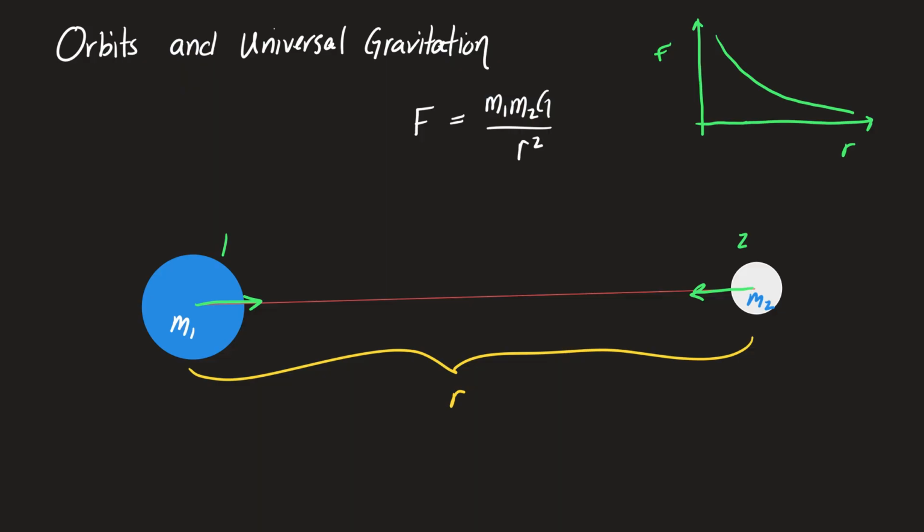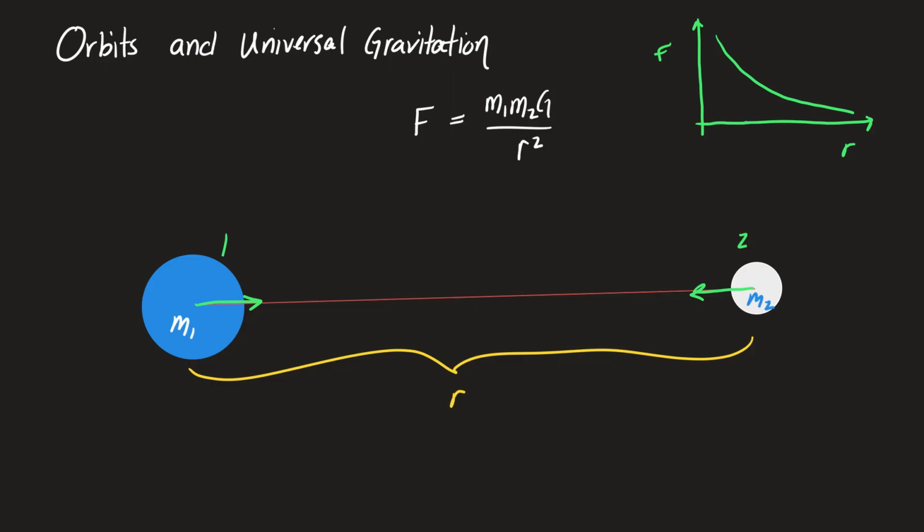Now, the force of gravity exists between any two objects with mass, but it only can deal with two objects at a time. So if you have a third object floating around out here in space, well, that third object has to be dealt with separately, meaning you have to pair all the objects up and find the forces on them separately.